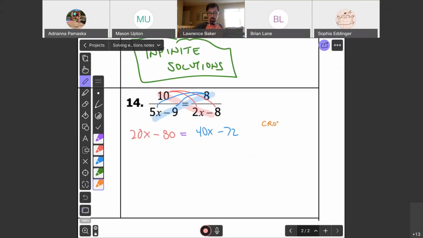Cross multiplication, when you do that, you get a new equation. You do not get a new fraction.